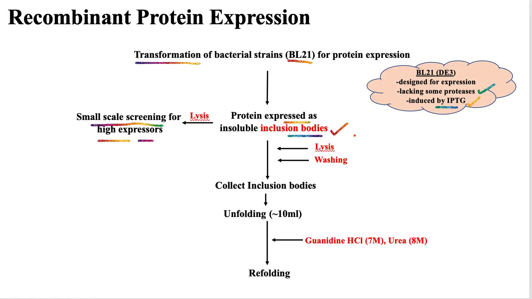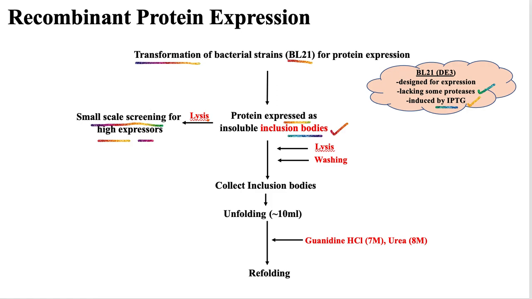Now, if we are interested in making a 10-liter protein, it's a sort of scale-up process. Before going to a scale-up process where we want to synthesize a total amount of 10 liters or 20 liters or many more than that, we have to screen those bacterial strains which are high expressors.